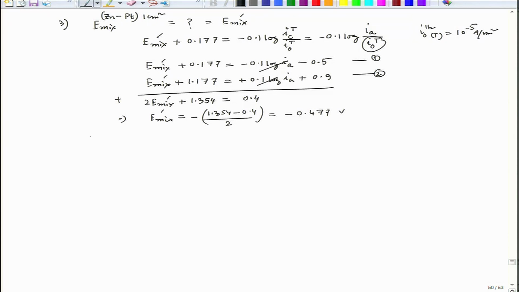Now we can calculate IA zinc for this couple of 1 centimeter square.